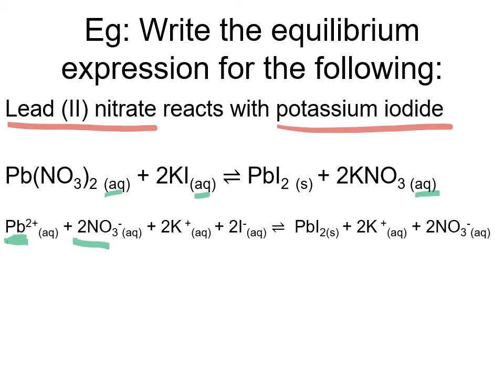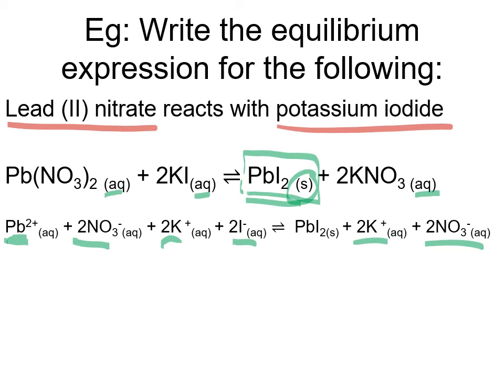The potassium iodide is going to be 2 potassium ions and 2 iodide ions floating around separately from each other. Lead iodide is solid, so we do not separate it. Remember, the things that we write as separate ions have to be both ionic and aqueous. Lead 2 iodide is only ionic. It is not in its current state aqueous. And then the potassium nitrate also gets broken up into its ions.